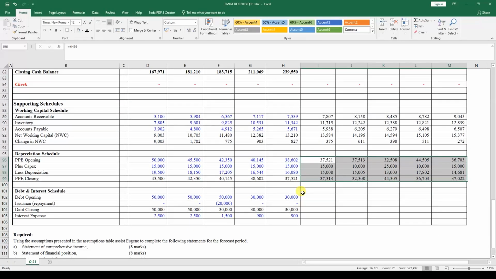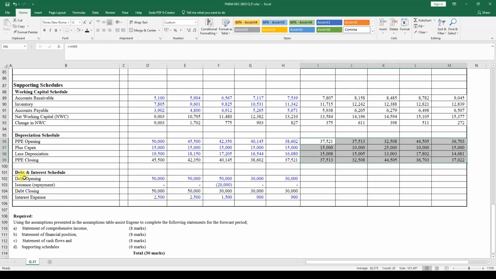Now the final supporting schedule is the debt and interest schedule here. How do we model it? The debt opening, just like the way we did the opening in the depreciation schedule, this value is that value, that value is that value. So it goes without saying this value is going to be that value. Pick it from there.